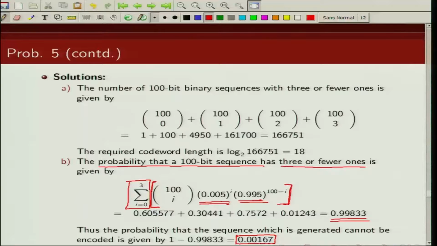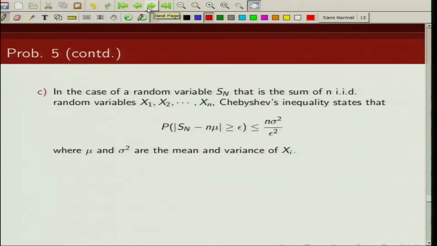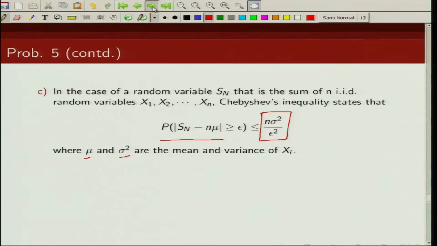Okay. Next we are going to use the Chebyshev inequality, which basically says that if Sn is the sum of n IID random variables, then the probability that the absolute difference between the sum and n times mu is greater than or equal to epsilon is bounded by n times sigma square over epsilon square, where mu is the mean of xi and sigma square is the variance of xi.